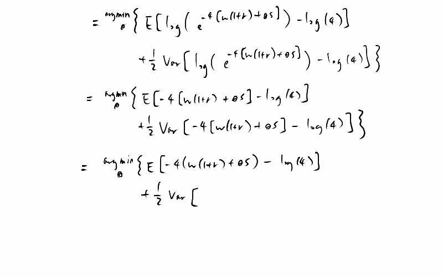Now let's think about it carefully. Log 4 is a constant, it doesn't affect the variance. W1 plus R is also a constant, right? Risk-free wealth, both are constants. So this also does not affect the variance. The only thing that affects the variance is S, and indirectly theta and 4.